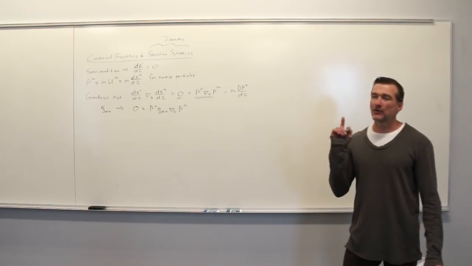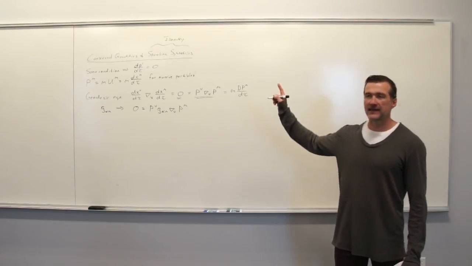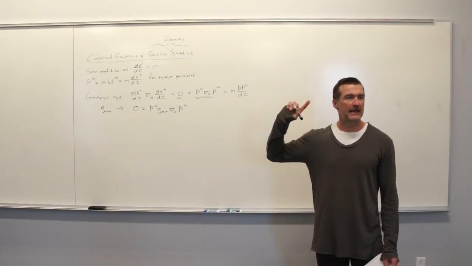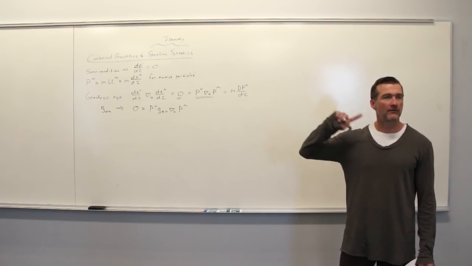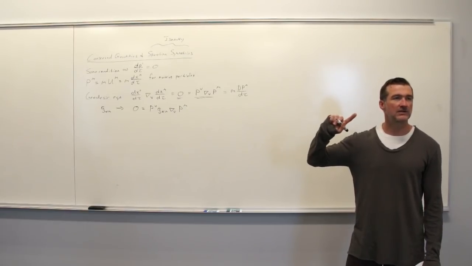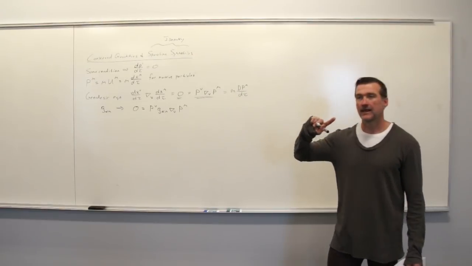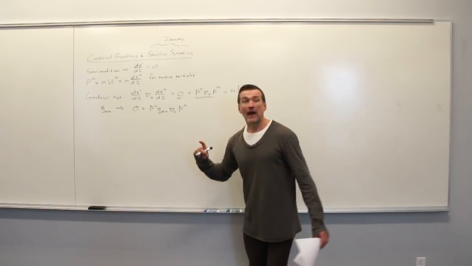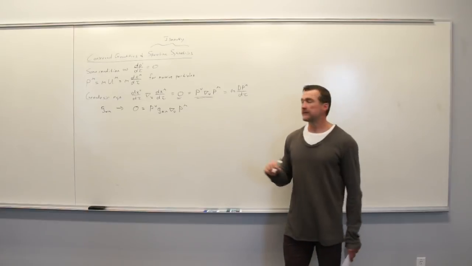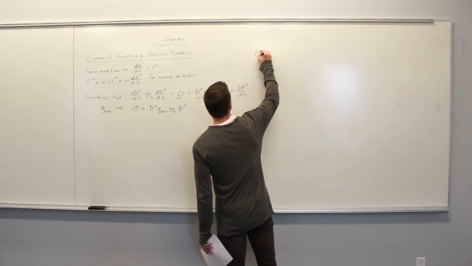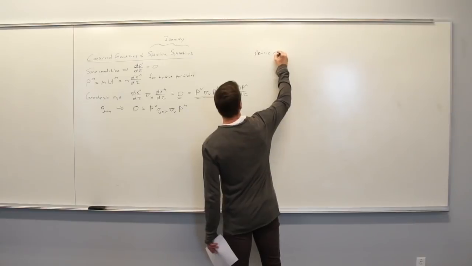Does anybody remember where in our analysis we made the statement that the metric and the covariant derivative can be interchanged? It was when we were deriving the covariant derivative, and we specified a condition called metric compatibility.